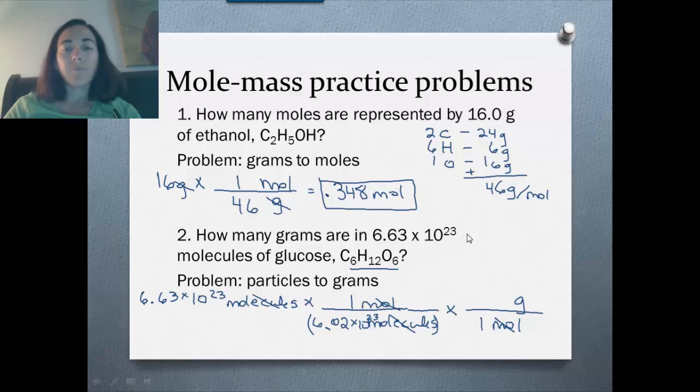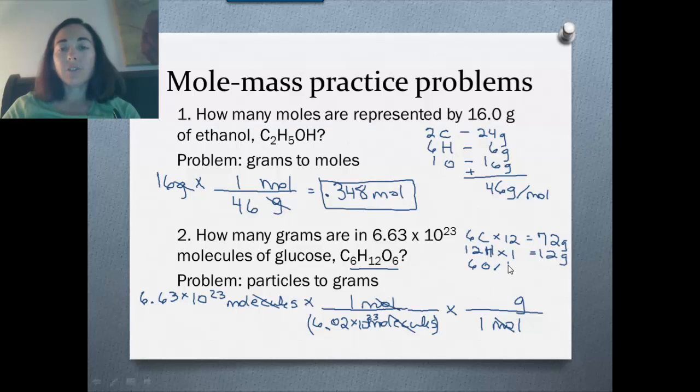So up here separately I'm going to find the molar mass for that. I have 6 carbons, 12 hydrogens, and I have 6 oxygens. Now carbon is 12, so 6 times 12 is 72 grams. Hydrogen's mass is 1 gram, so that's a total of 12 grams.